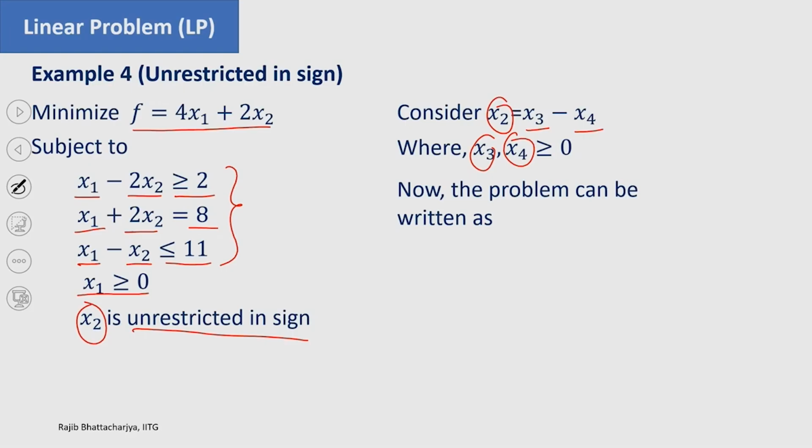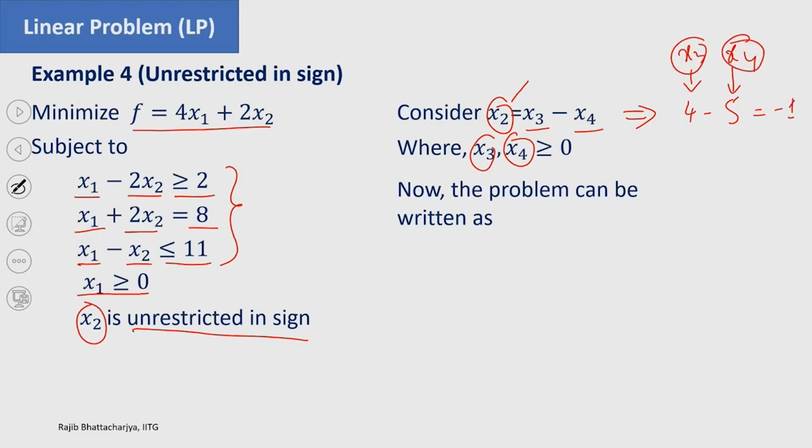The variable value should be positive. But in this case x2 can be negative also. Therefore, I am writing x2 in terms of x3 and x4, and x3 and x4 are positive. Suppose you want to have a negative value, I can write 4 minus 5. So, this is your x3 and this is your x4. So, 4 minus 5 equal to minus 1, but x3 and x4 are positive.